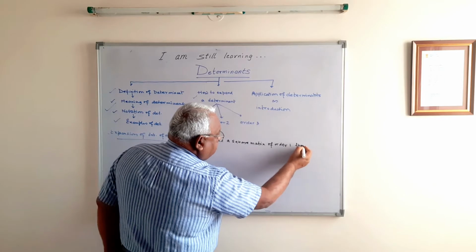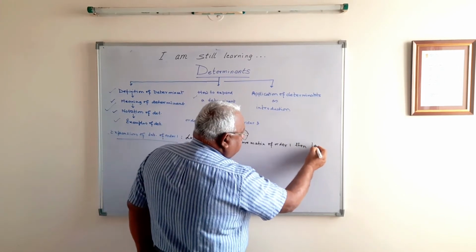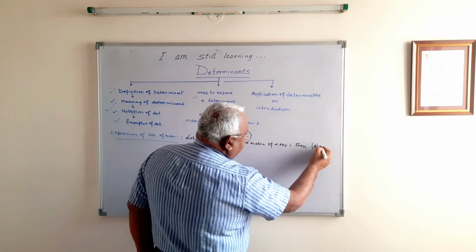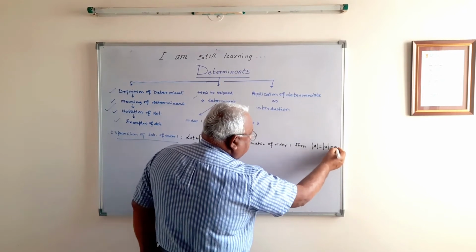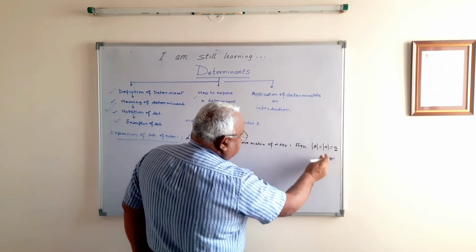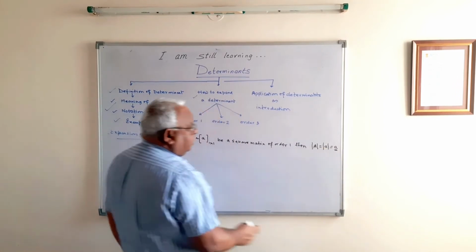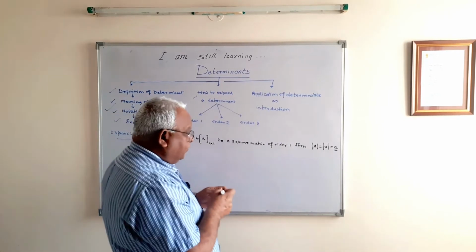Then determinant of A is equal to A. This is not modulus, this is the determinant symbol. So you must be careful what you are listening.